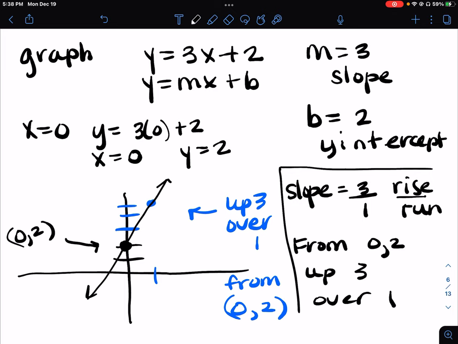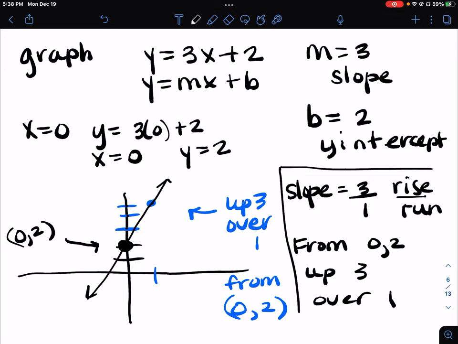Now the slope is 3. Slope is rise over run, so we need to change it to a fraction. A whole number can be written over 1. Okay, so what does the slope mean? It means you start at the point 0, 2, you go up 1, 2, 3 spaces, and right 1 space.